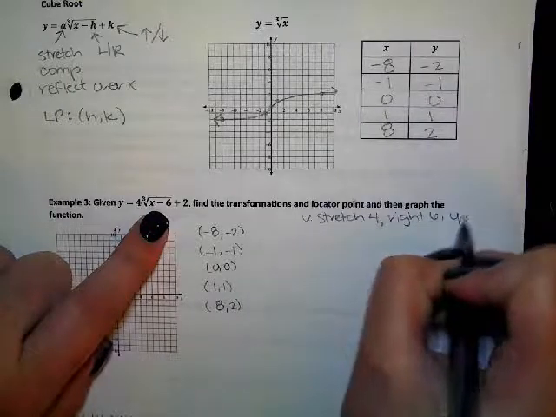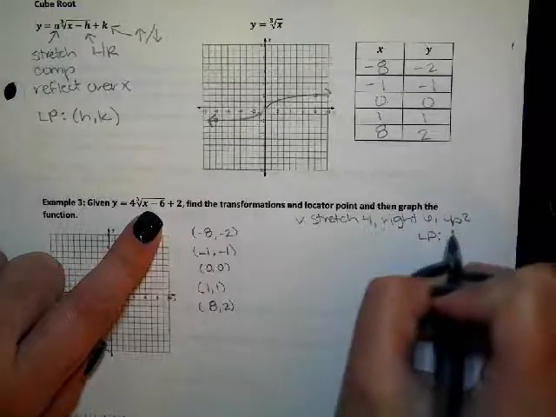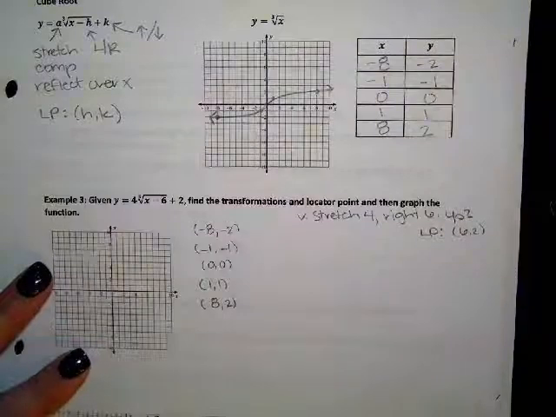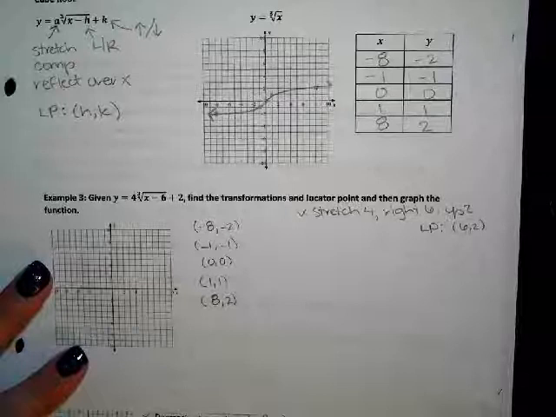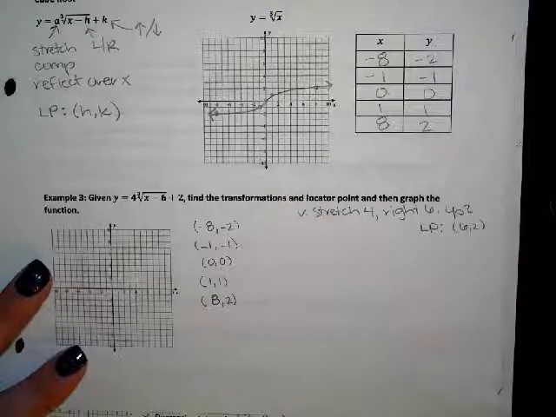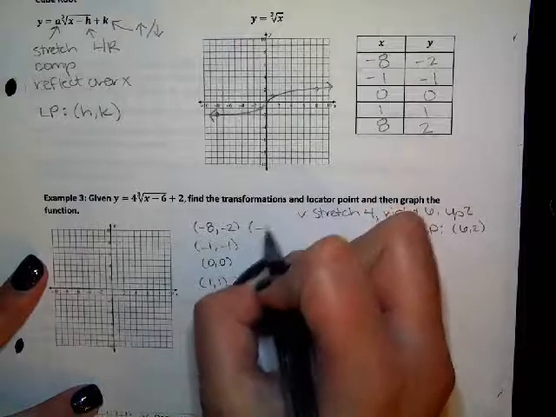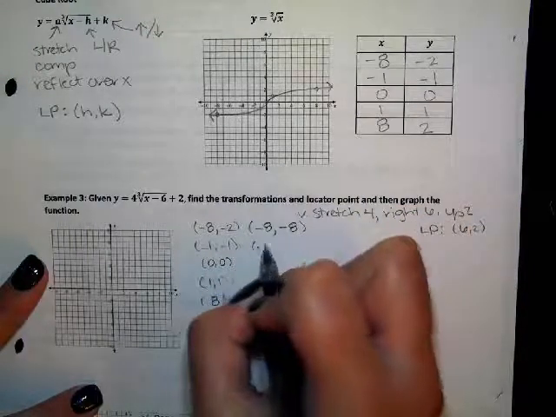All right, what's the locator point? +6, +2, right? Okay, so that vertical stretch of 4, does it affect the x-coordinate or the y-coordinate? Y, and what do we do to the y? Multiply by 4. -8, -8, -1, -4.